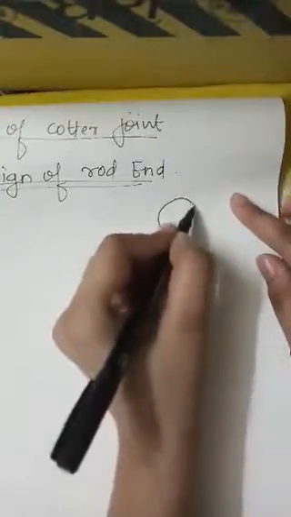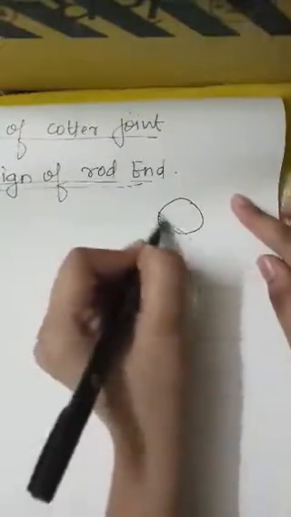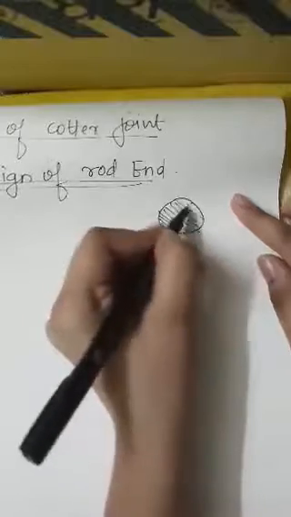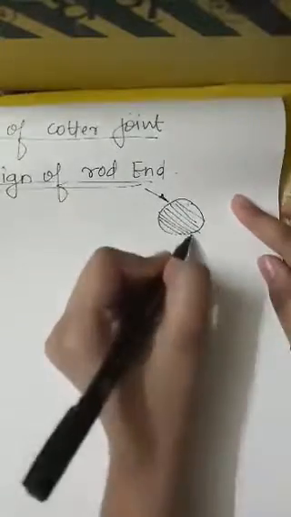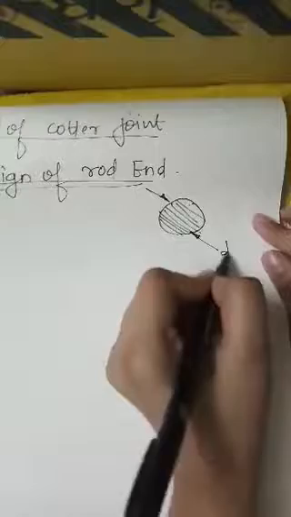For this we will take the cross section of the rod, which is always circular, with the diameter small d.